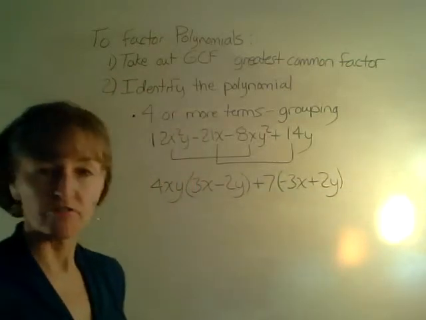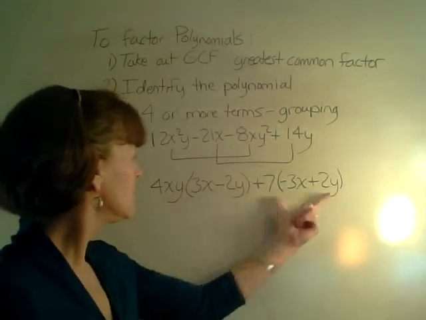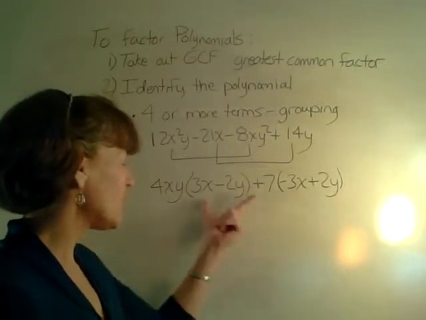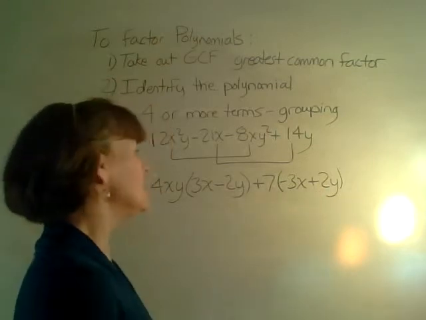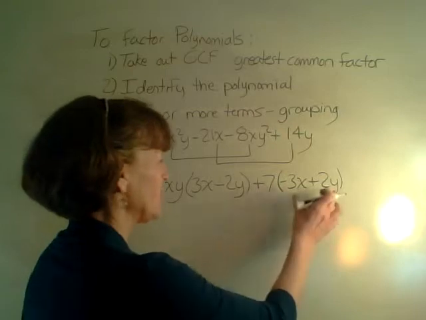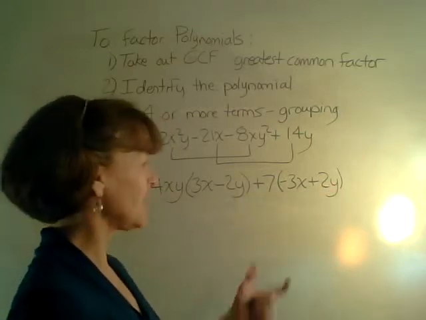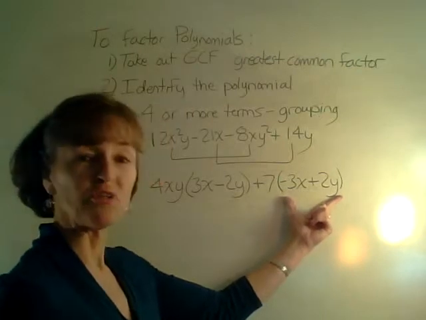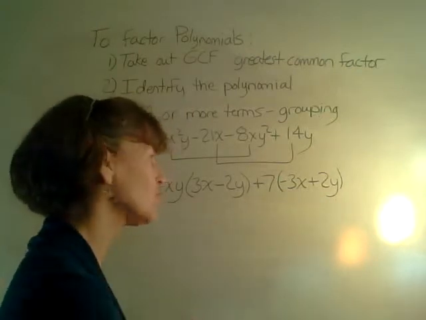Now, this happens often when you're factoring, where you get two expressions that are actually additive inverses. We can remedy this by factoring out a negative 1. We saw in our introduction video that you can change one polynomial into its additive inverse by factoring out a negative 1. And so that's what we're going to do.